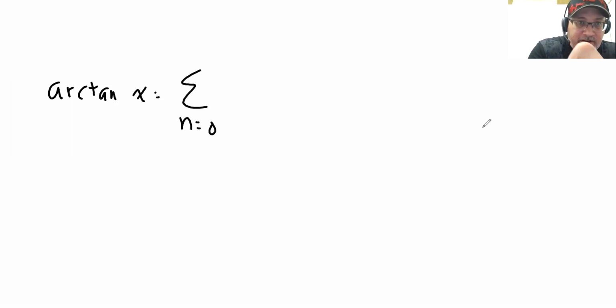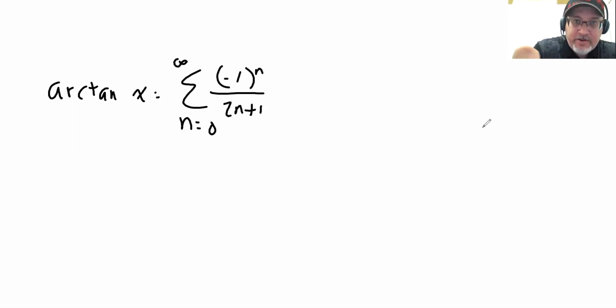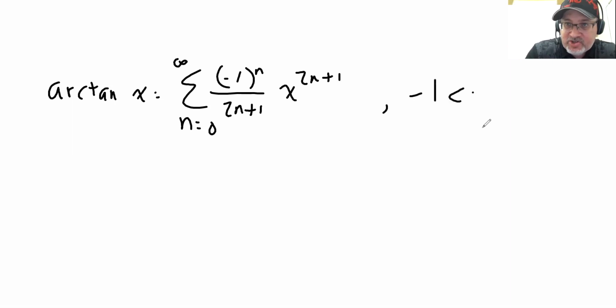We have arctangent of x is equal to the sum n equals 0 to infinity of negative 1 to the nth power over 2n plus 1 times x to the 2n plus 1. Our interval is still between negative 1 and 1, which is equivalent to saying it's centered at 0 and has a radius of 1. Let's check x equals 1 first.